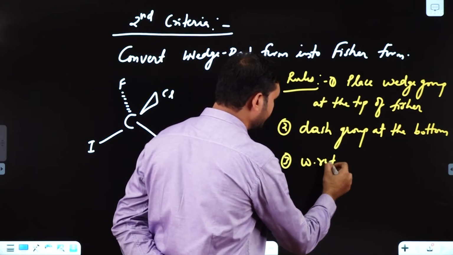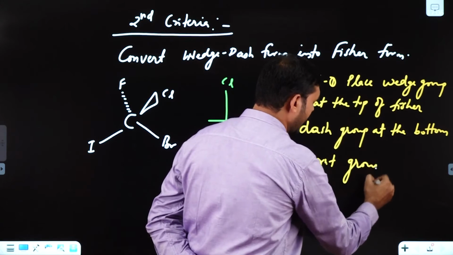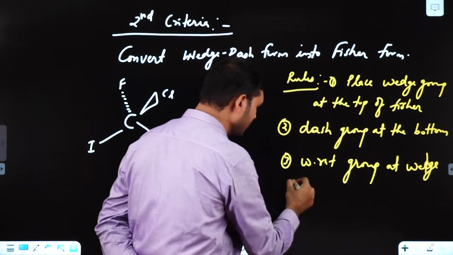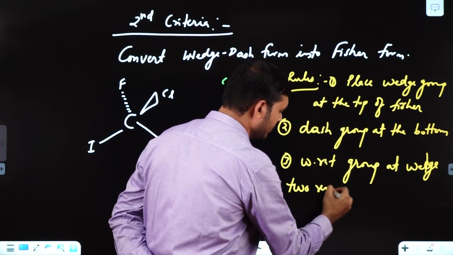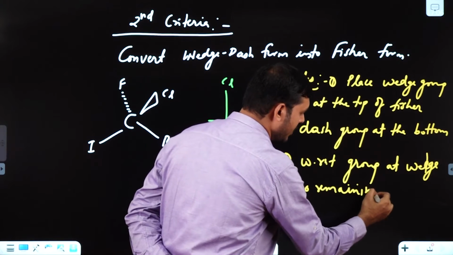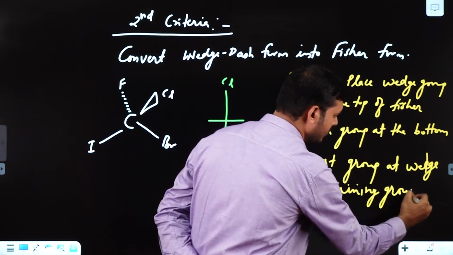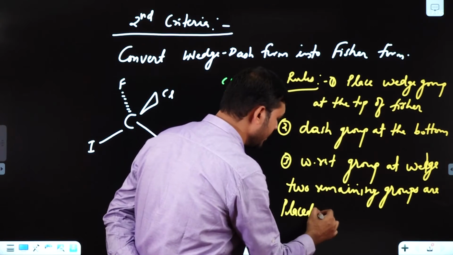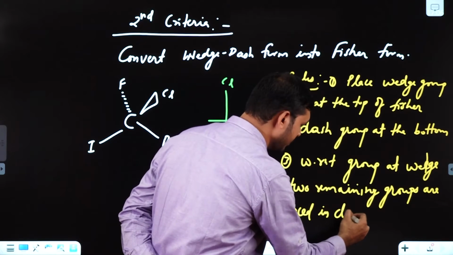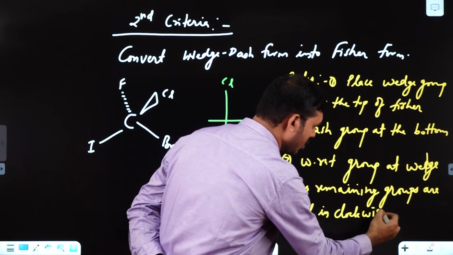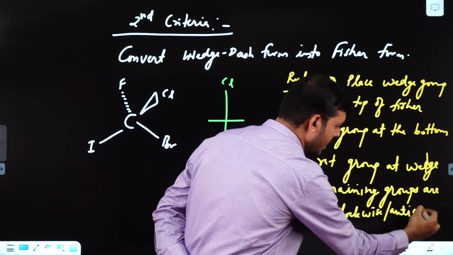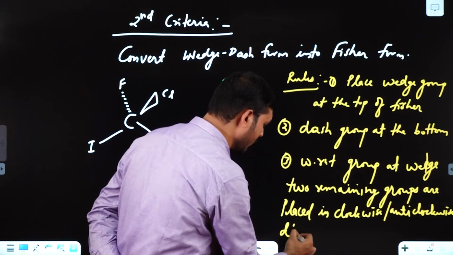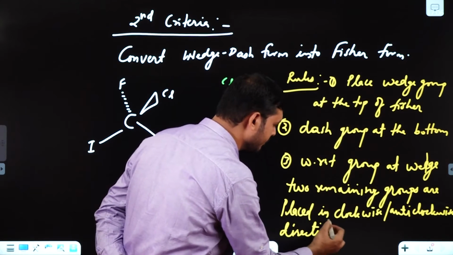Now with respect to the group at wedge, the two remaining groups are placed in clockwise and anti-clockwise direction.